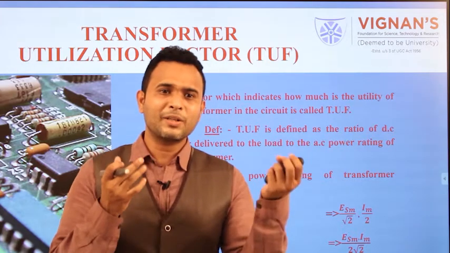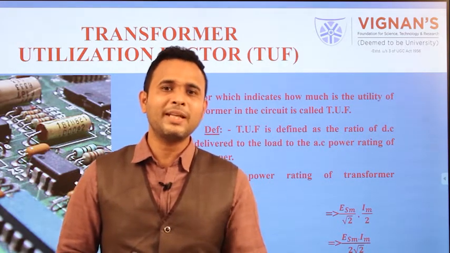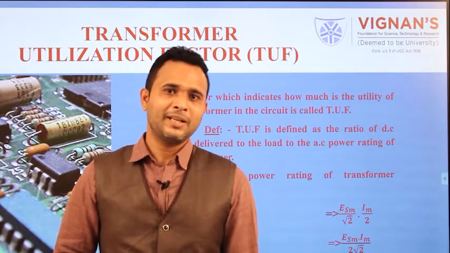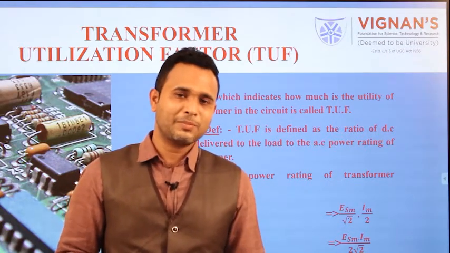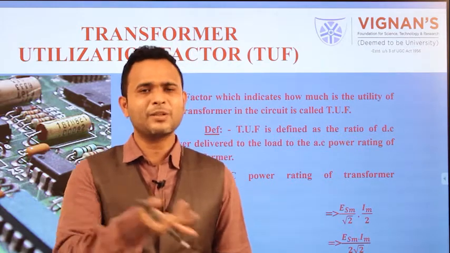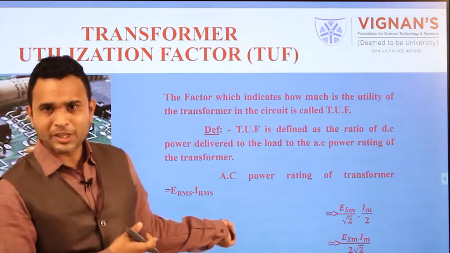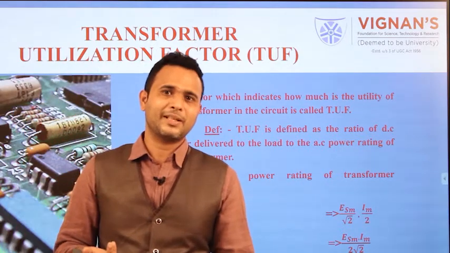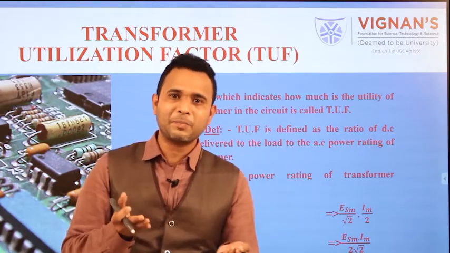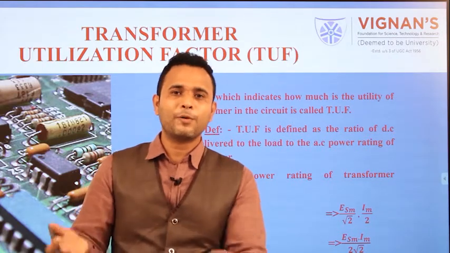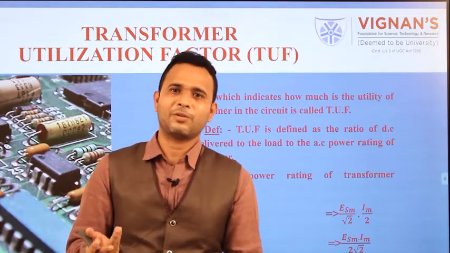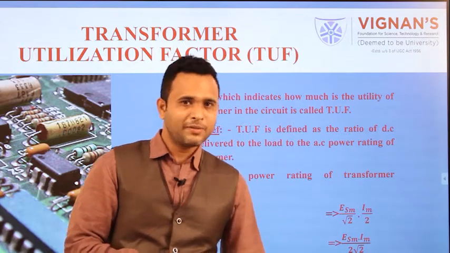So your utilization is how much? Only 20%, right? So transformer utilization means how much of the transformer we are utilizing. Before going to the derivation, simply I am telling that only half of the peak we are utilizing, half of the peak we are suppressing, right? Half of the power only we are utilizing.